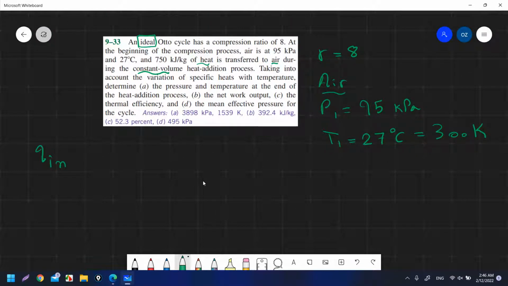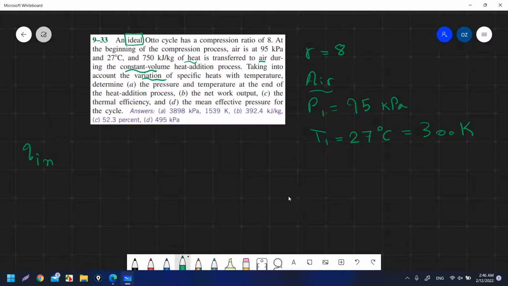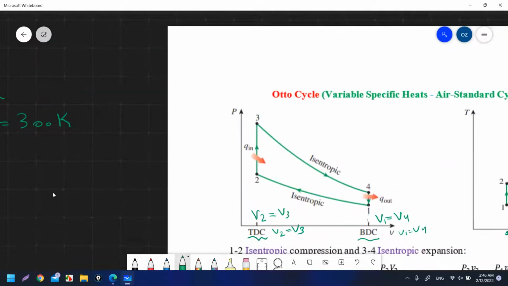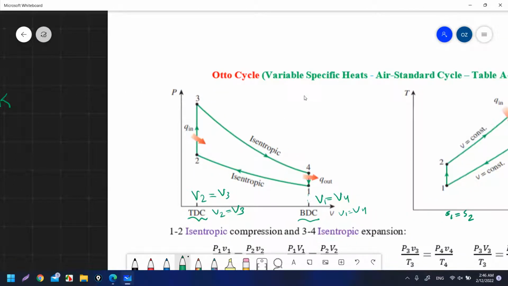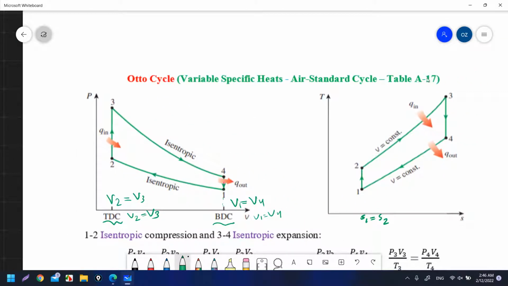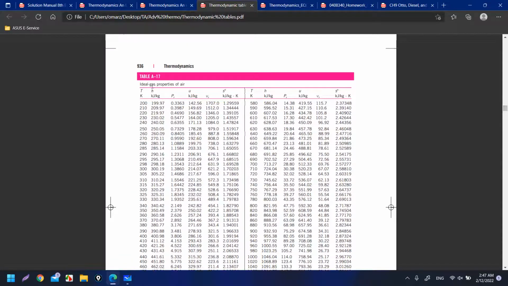Taking into account the variation of specific heats. As we saw in exergy, we have variable specific heats and constant specific heats. Here also we have the variation of specific heat, or variable specific heats, and the constant specific heats. For the variable specific heats, also called the air standard cycle, we use table A-17.